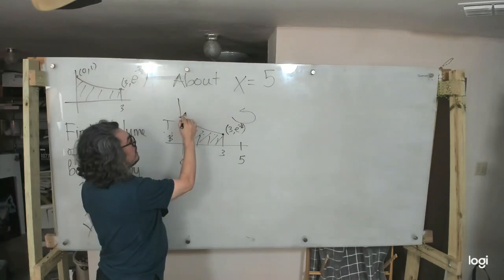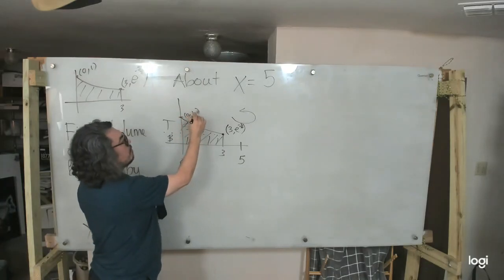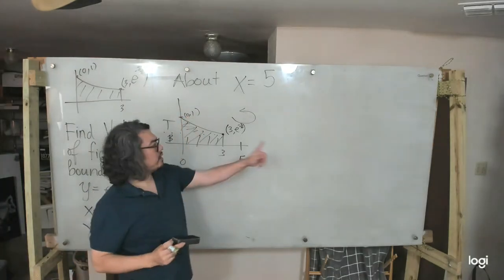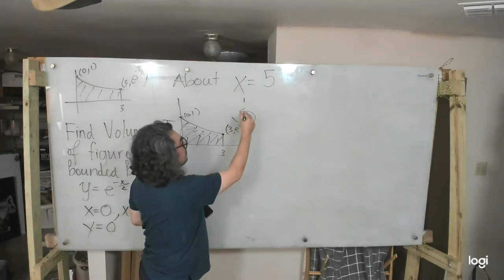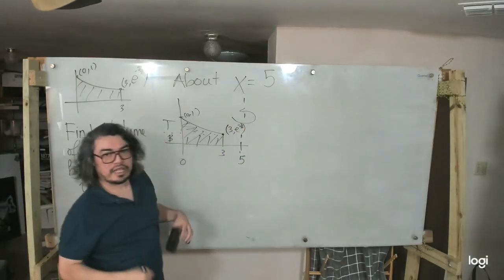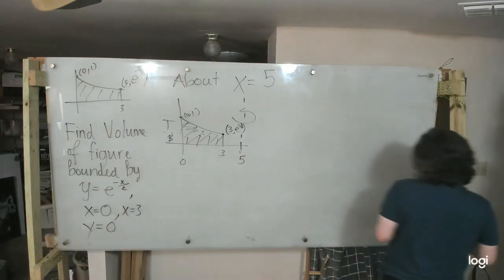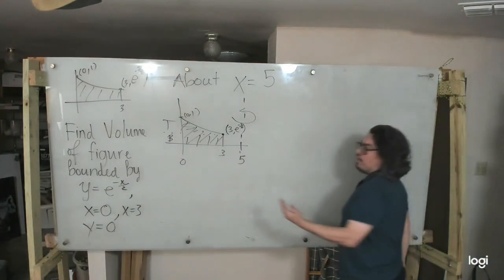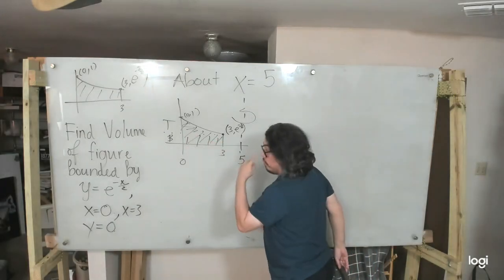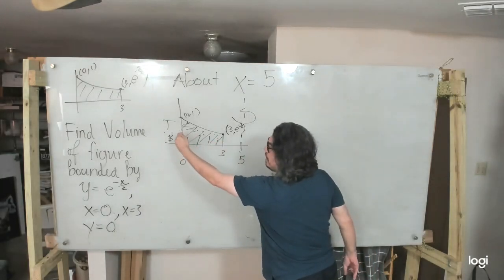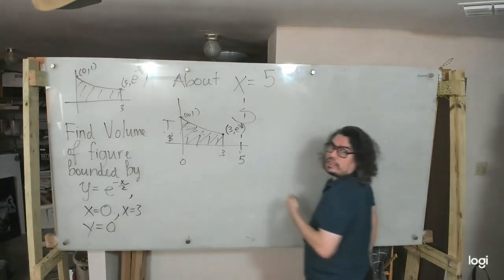And we know that this point is 0, 1. Because since we're going to do the rotation about the x equals 5 axis, which is this one, we know we're going to have to integrate along the y. But check this out. As I mentioned before, at least for the bottom part, we don't need to do calculus because we just have the outer cylinder minus the inner cylinder, right?